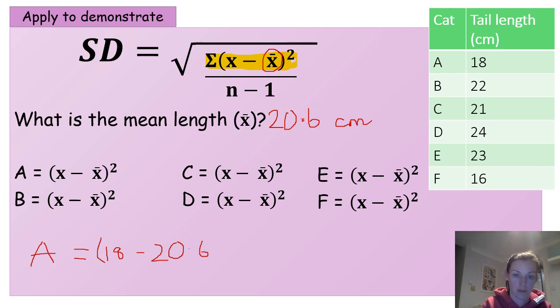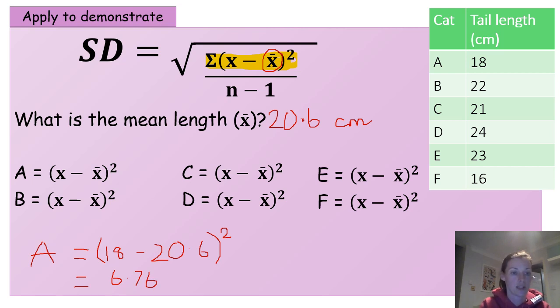Now that's going to give you a negative number, but if you remember from GCSE maths, if you square a negative number, it becomes a positive. So our X minus X with a funny line squared is 6.76 for the first cat.